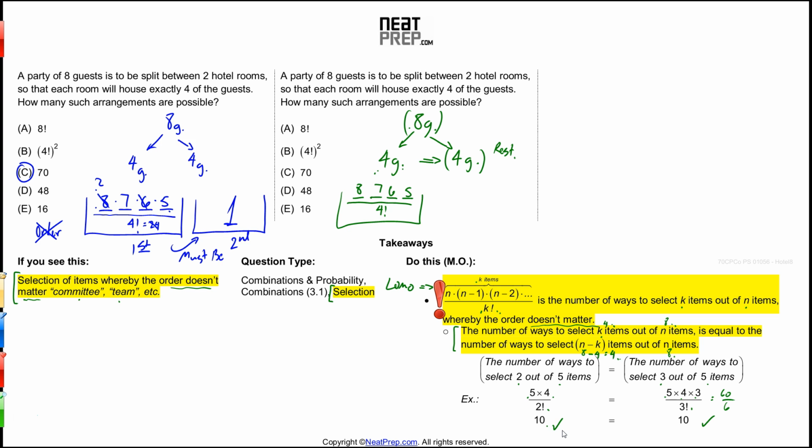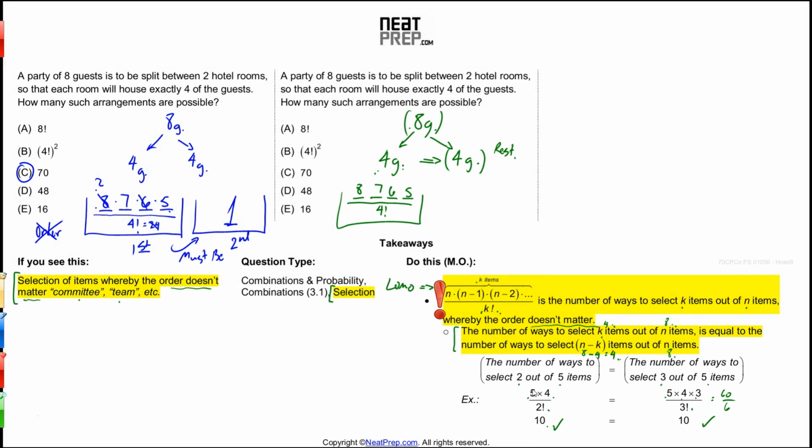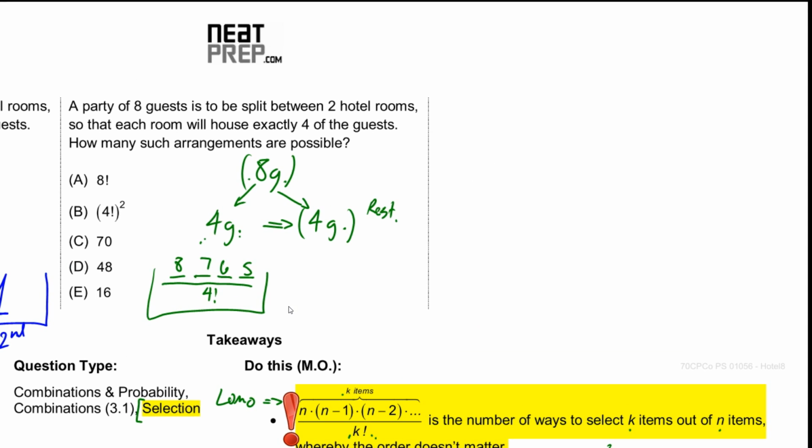In other words, we just proved that it doesn't matter whether we start with the first or second group, the number of ways to select either is the same. Back to the question. Since by selecting the first group, we already selected the second group, it really has no leeway. Its number of options has to be 1. If you're not convinced by now, you can also prove this 1 mathematically.